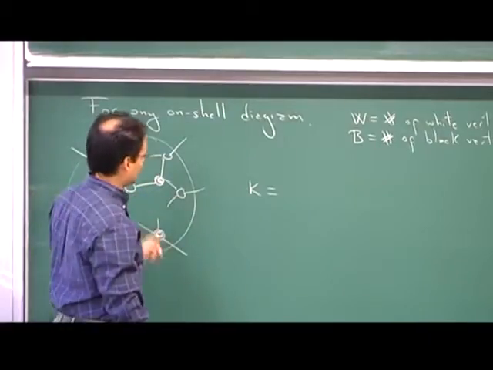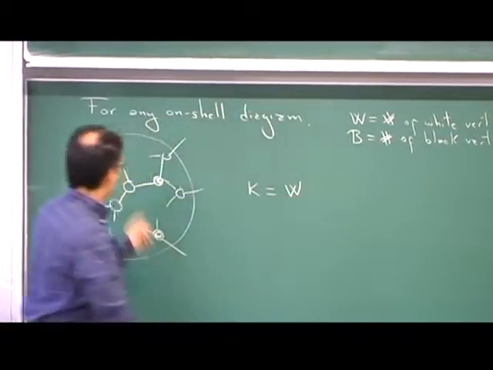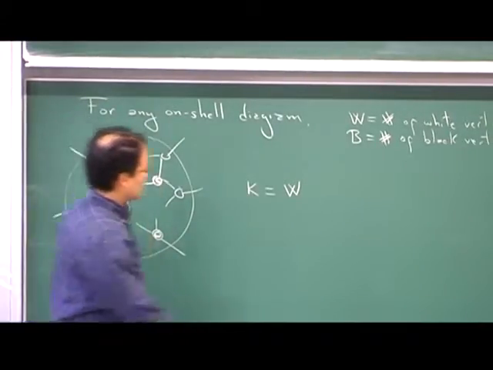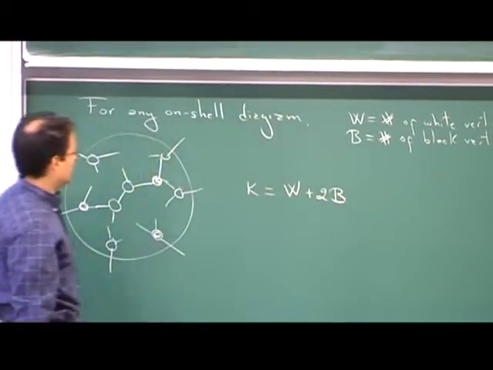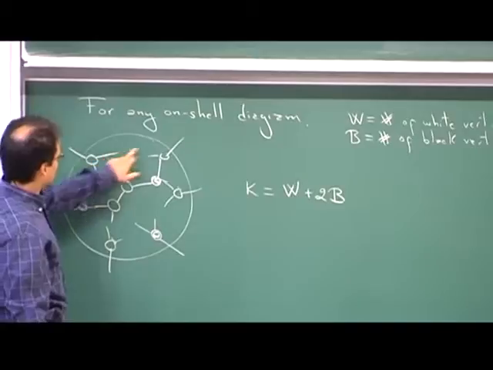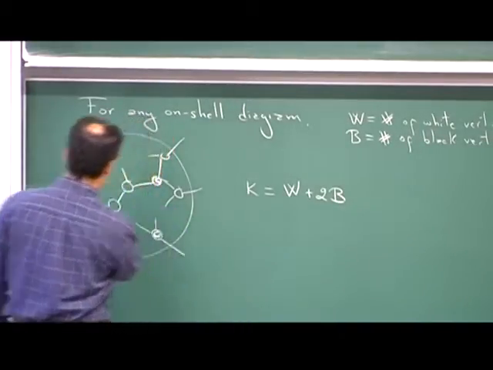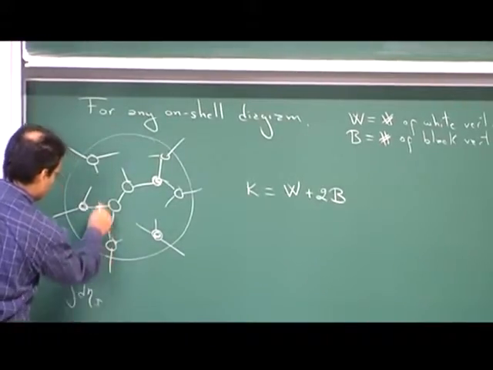So each white vertex will contribute 1 unit to K. The black vertices will pick up 2 powers of t to the 4th, so they will contribute 2 units to K. But each internal edge comes with an integration over the eta of that internal edge.